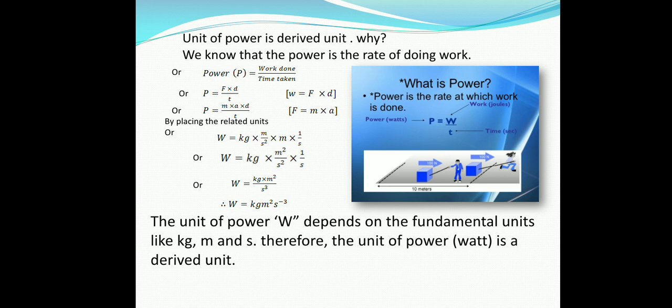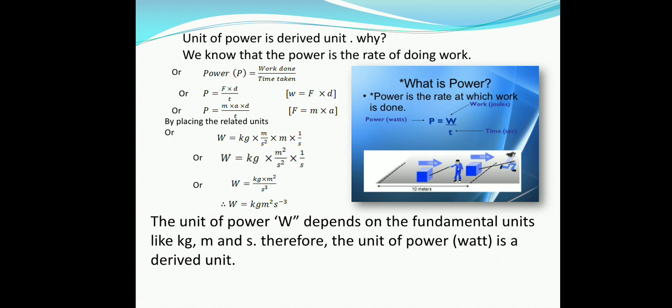Now, by placing the related units, the unit of power is watt, denoted by capital W, and the unit of mass is kg, kilogram, into the unit of acceleration, which is meter per square second, into the unit of displacement, which is meter, into the unit of time, which is reciprocal, that's why 1 by s, second, 1 by second.